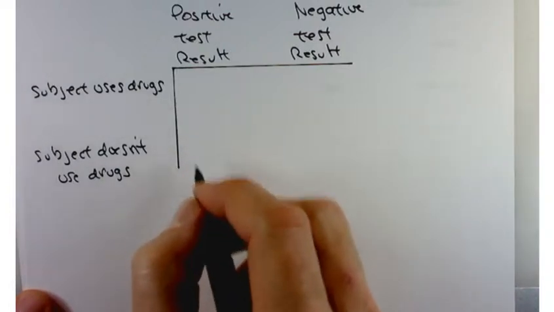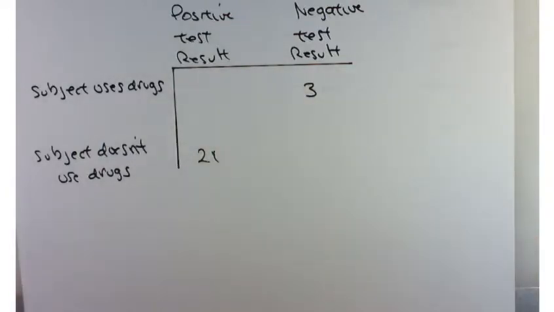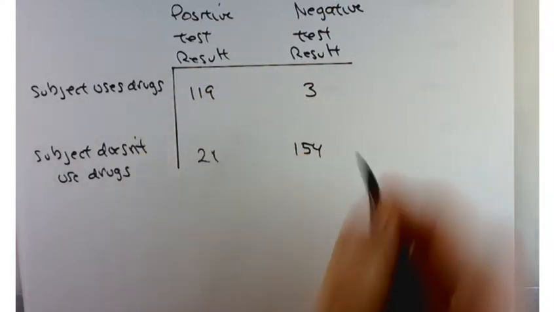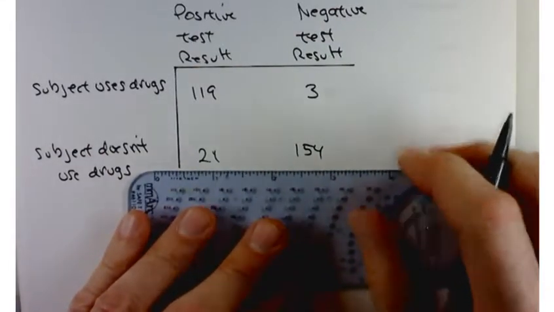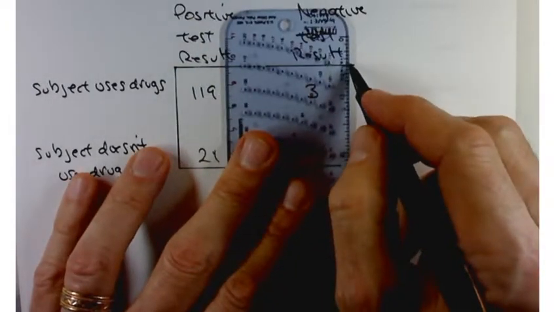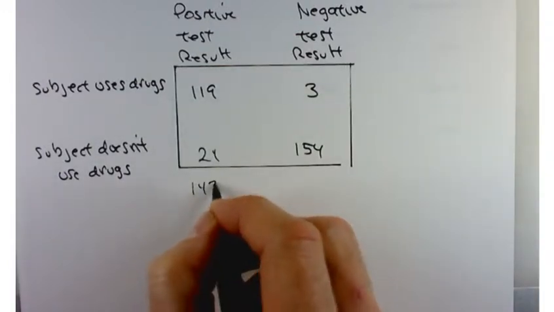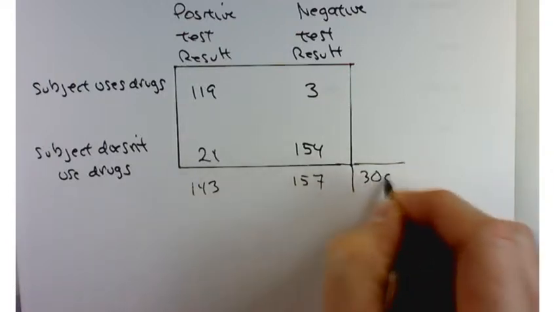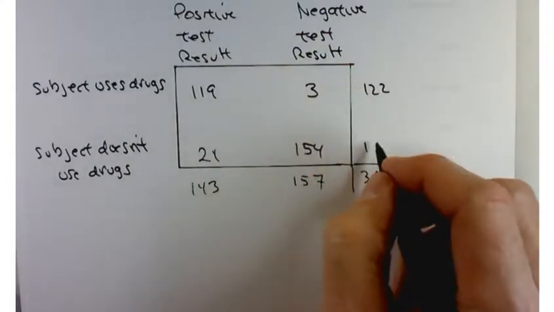We had 24 people here, 3 here, and then 119, 154. That gives us a total of 300 people in this study. So marginal totals of 143, 157, 300, 122, and 178.